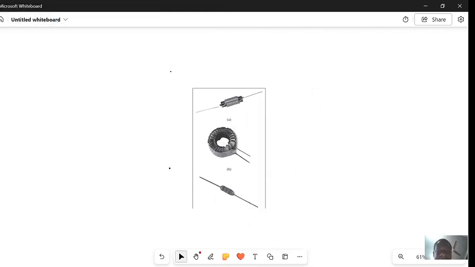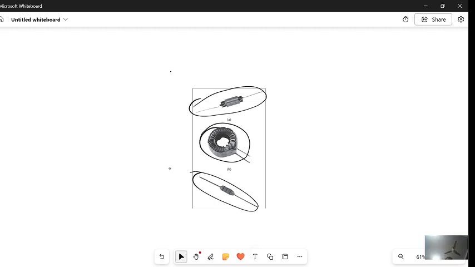This one shows a different physical aspect of the inductor. It can be represented like this, like this, and it can also be represented like this. These are different types of inductors. Physically, we see this kind of different inductor. You see, we have the number of turns and the cross-sectional area.